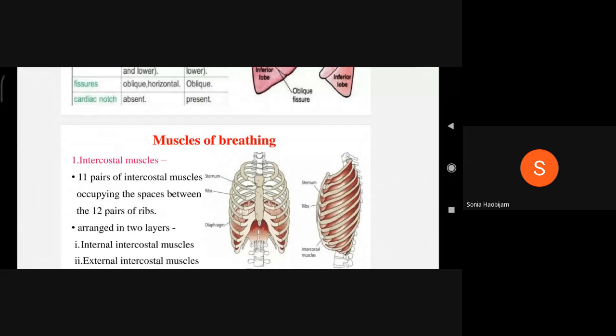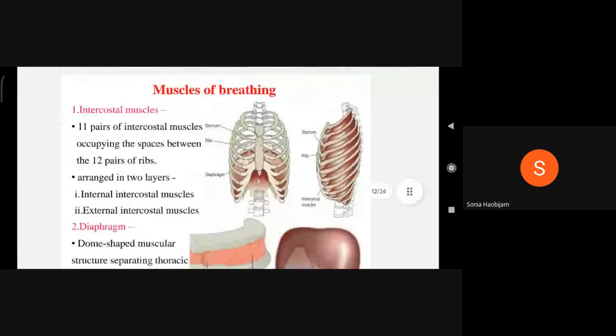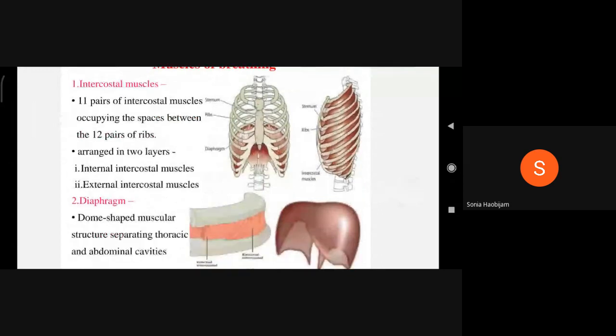These intercostal muscles are located in between the ribs. So, on both left and right sides, there are 11 pairs of intercostal muscles arranged in two layers. First is internal intercostal and second is external intercostal.